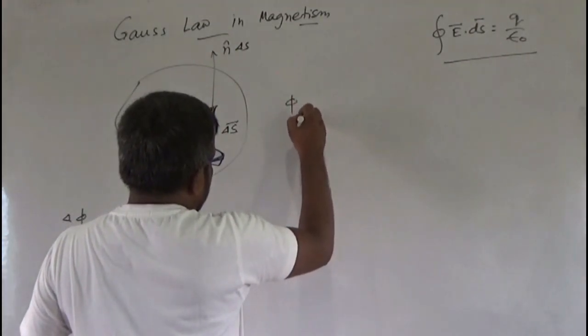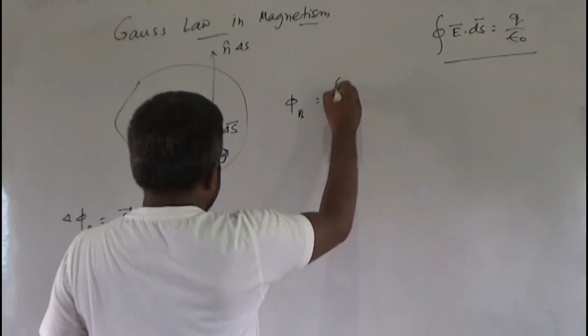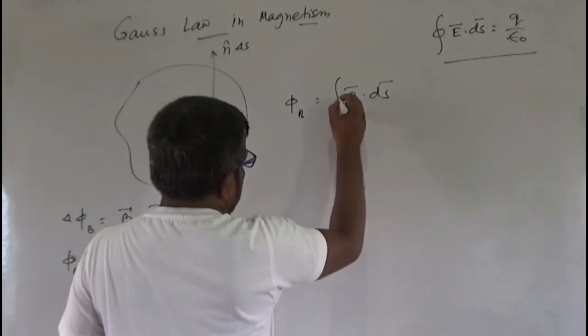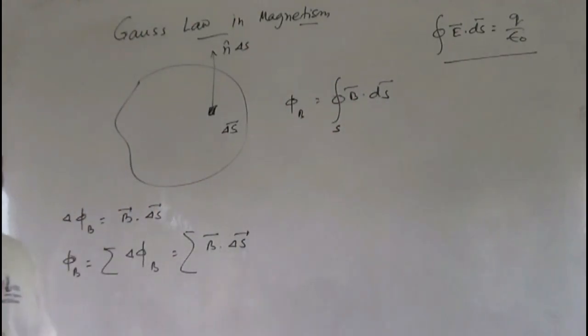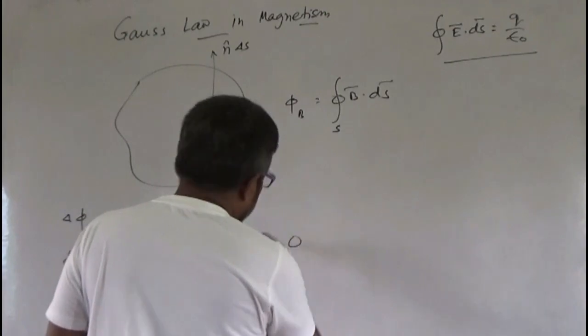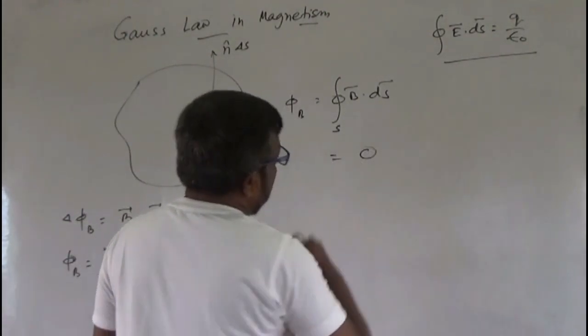Then we may write phi B is equal to the integral of B dot dS over the closed surface S. And Gauss's law states that this is equal to 0.